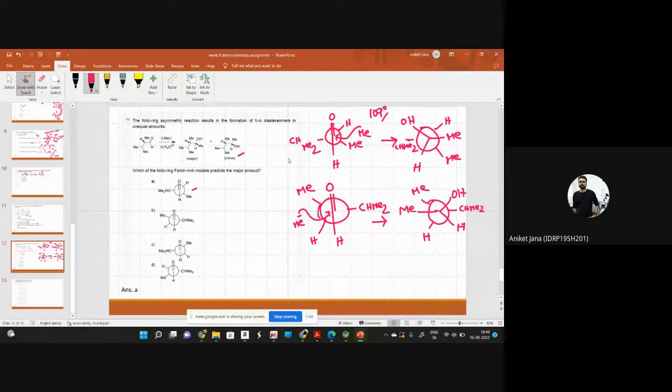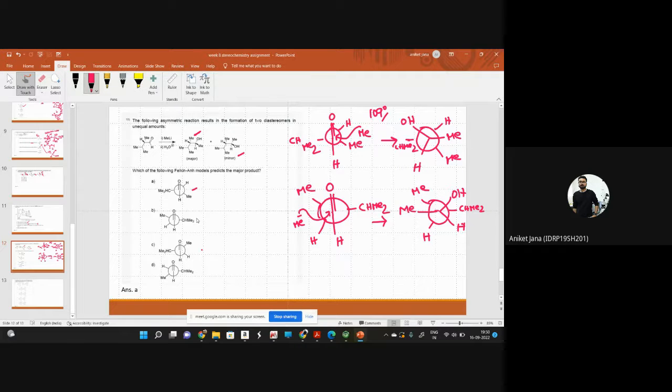According to this configuration, C and D are not right; A and B are the possible transition states for the attack. When we consider A as the transition state, we get the threo product, like this one.